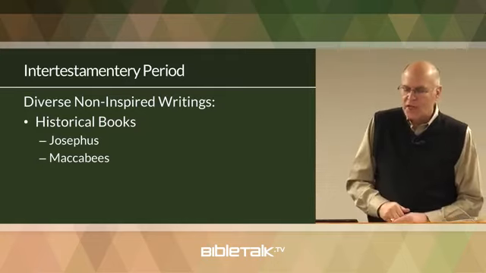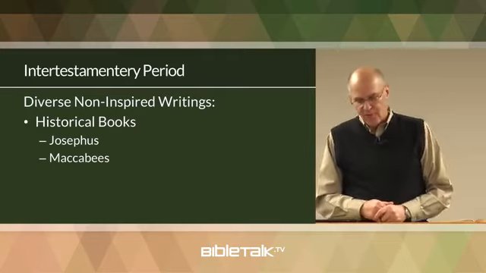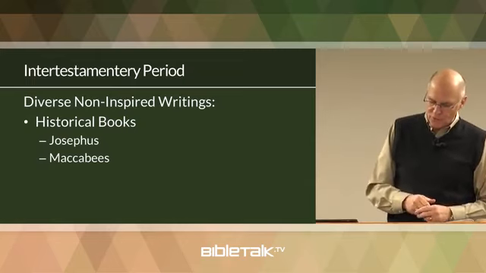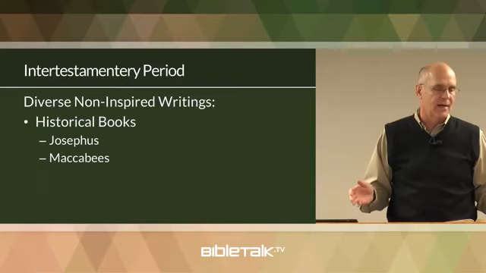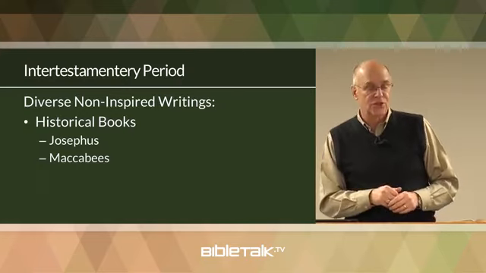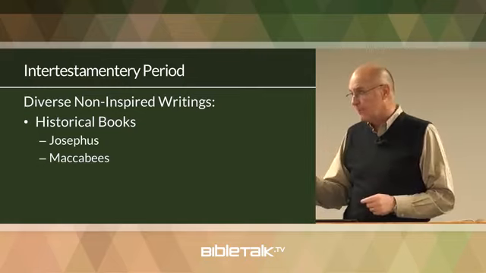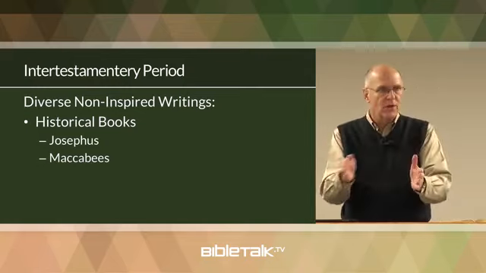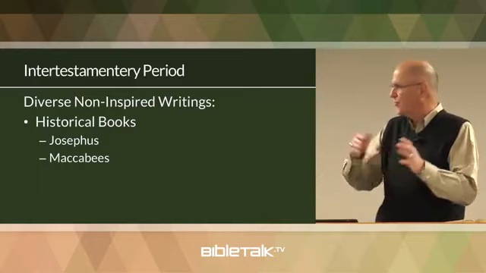So, diverse non-inspired writings. There are, first of all, the historical books which record the social and political movements of the Jewish people at that time. For example, there's Josephus, who was a contemporary of Jesus. He was a Pharisee and a historian by training, and he records the history of the Jewish people during that time.